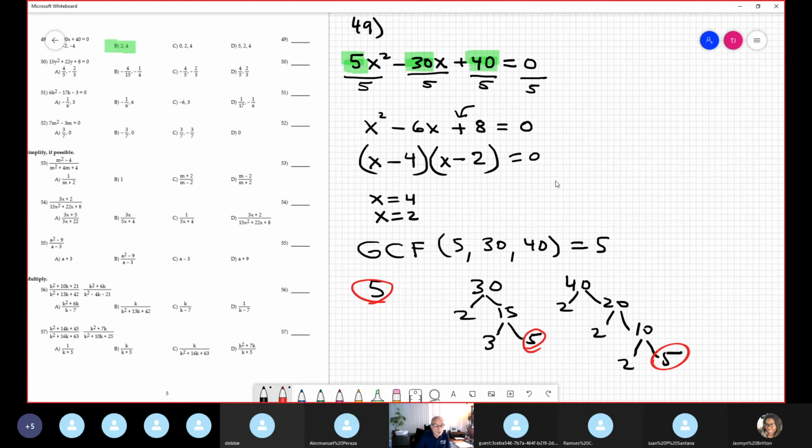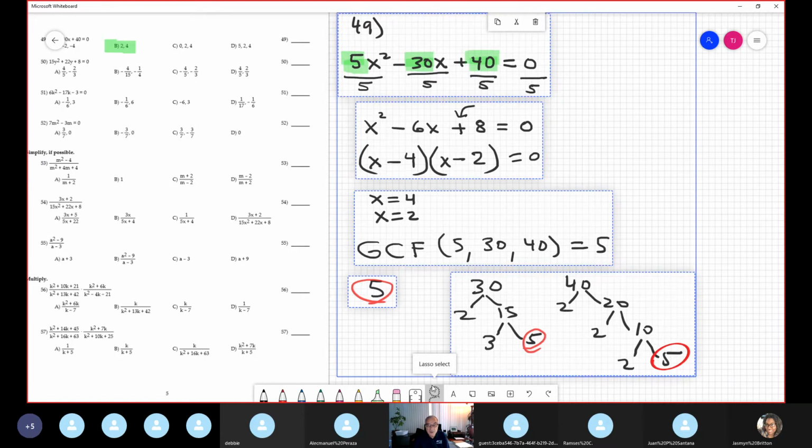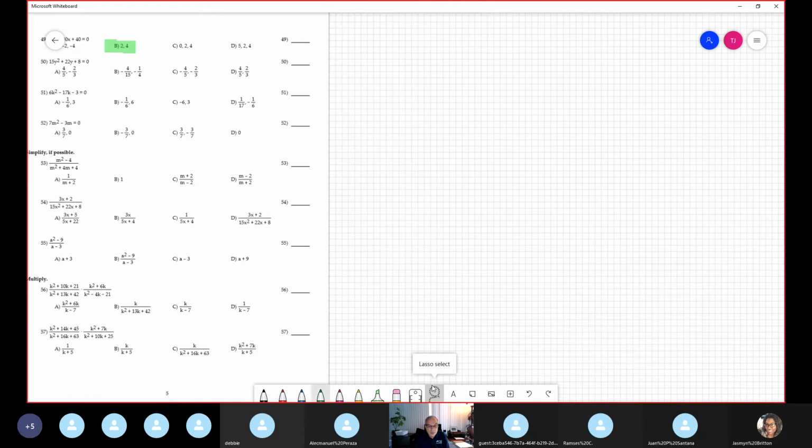Let's move on to example 50, which looks horrible, a little bit complicated. 15y squared plus 22y plus 8 equal to 0.